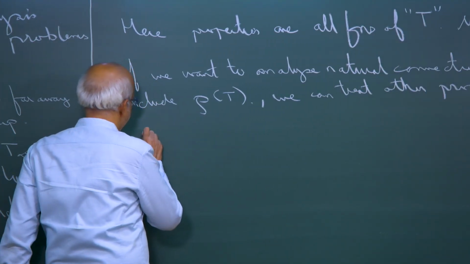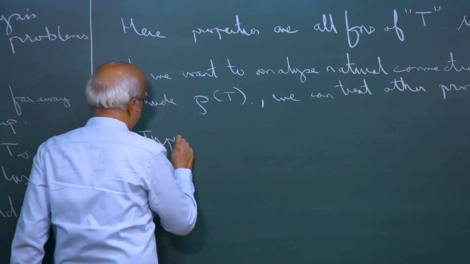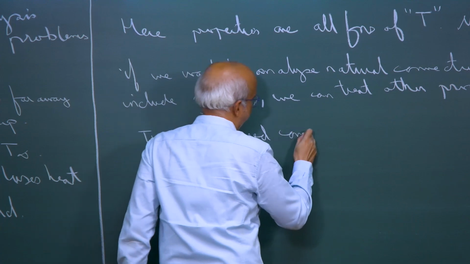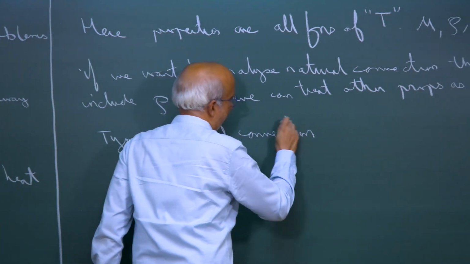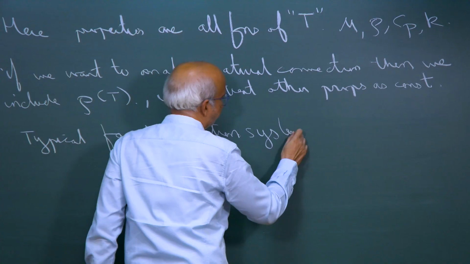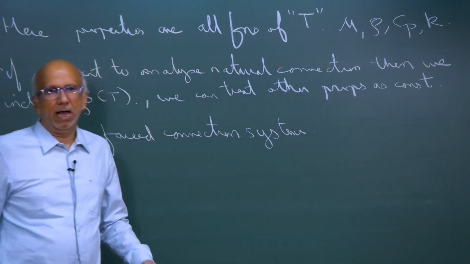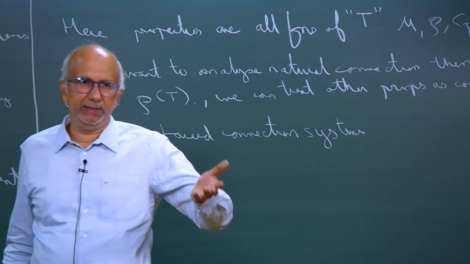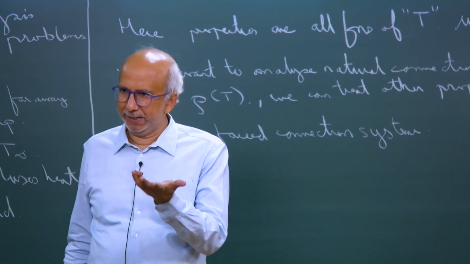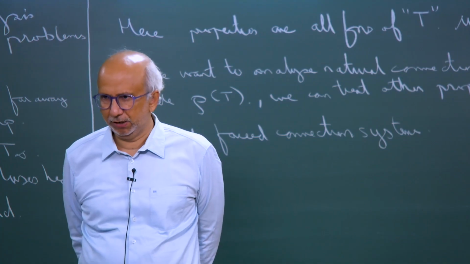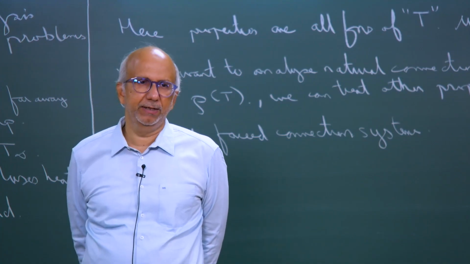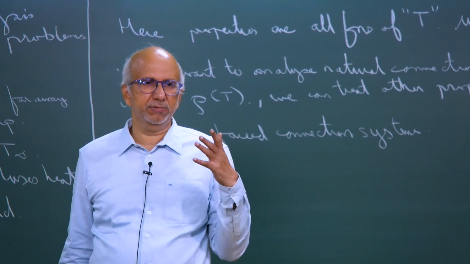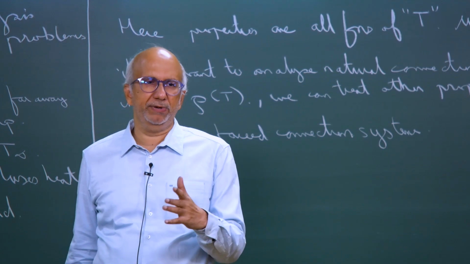But in typical forced convection systems, where you say, look, I am pumping liquid at a particular flow, which is much higher, it is dominating the effect of natural convection, I can neglect the effect of natural convection. Then you can make the assumption possibly of all the properties being constant.